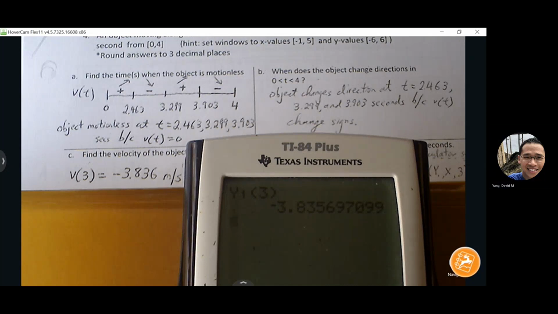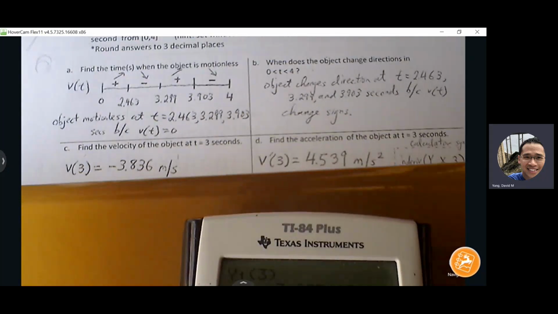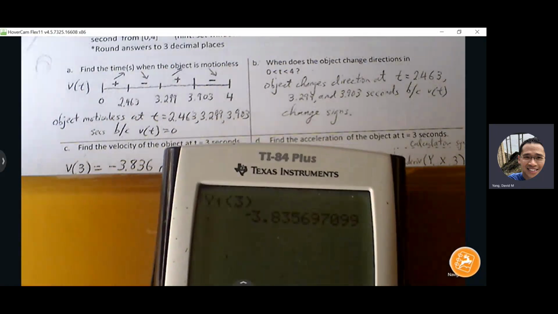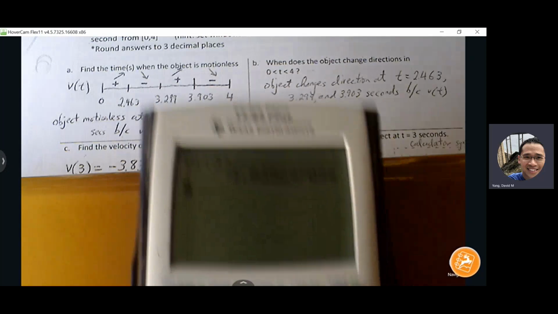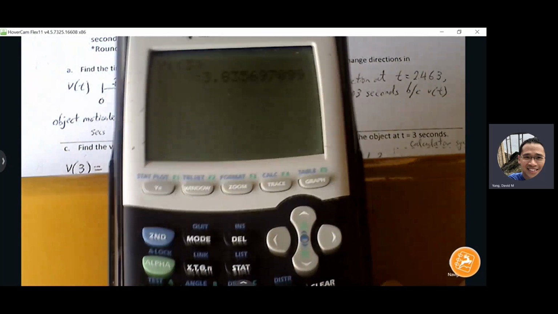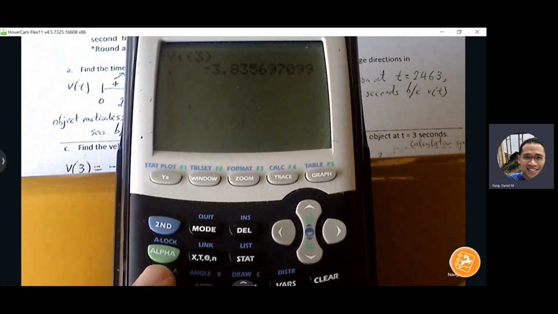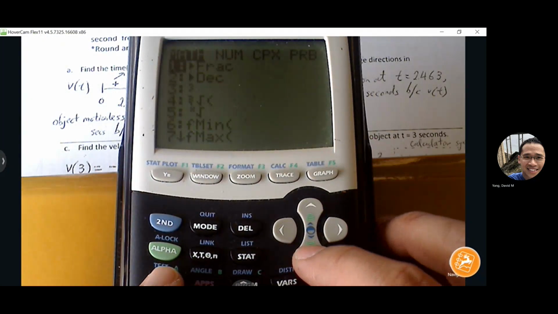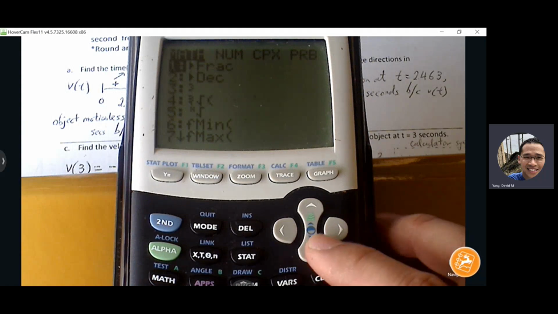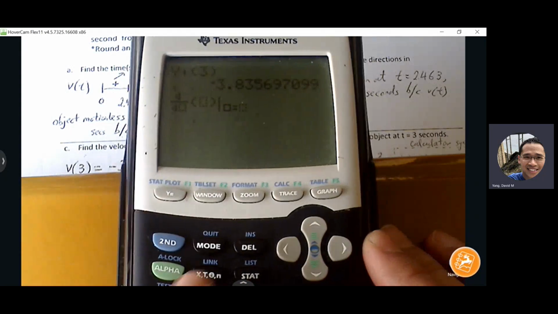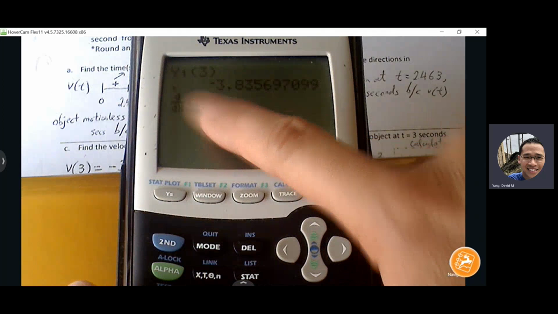All right, next up, find the acceleration. What's the relationship of acceleration to velocity? It's the derivative, right? So we have a derivative feature on our calculator. If you go to math 8, that's nDeriv, d over dx. Again, you can call that function.